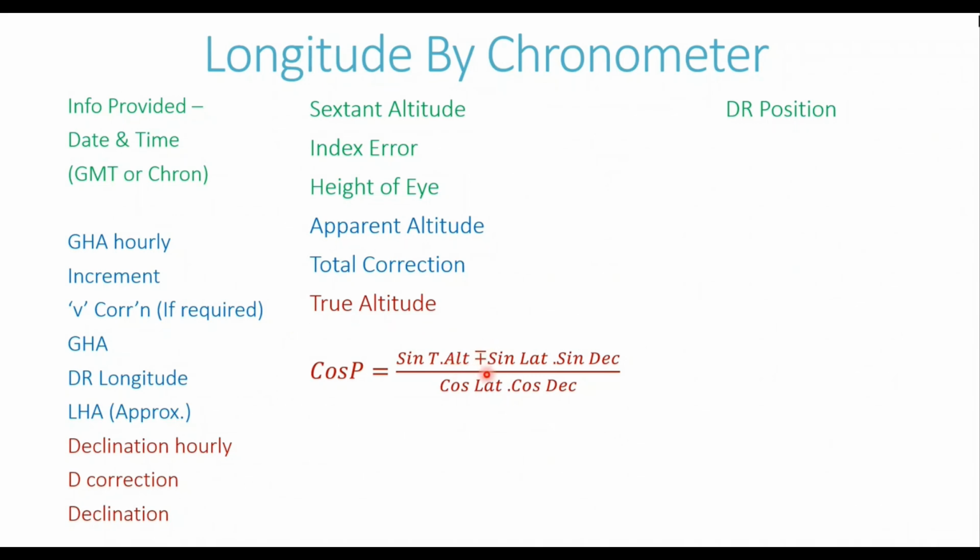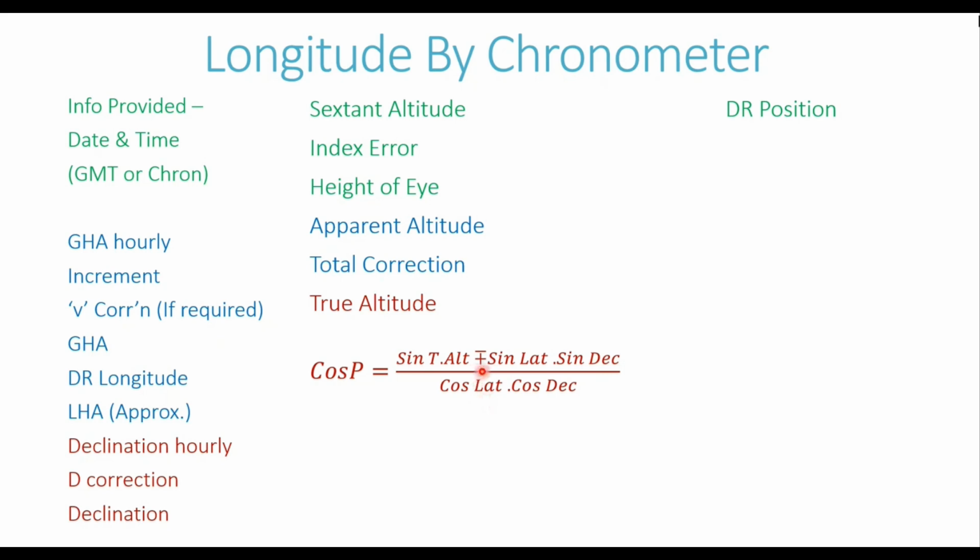Then we see a minus-plus sign. What does this minus-plus indicate? It indicates that in this formula, we will use either a minus or a plus. Which one of the two symbols is to be used? In these kinds of equations, the upper symbol is always used when the following terms, that is latitude and declination, are of the same names.